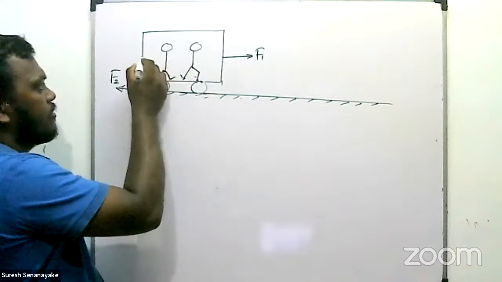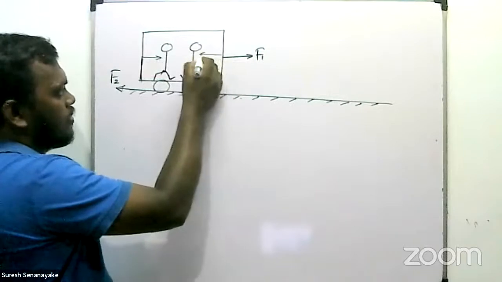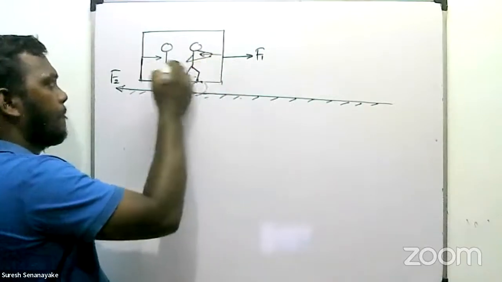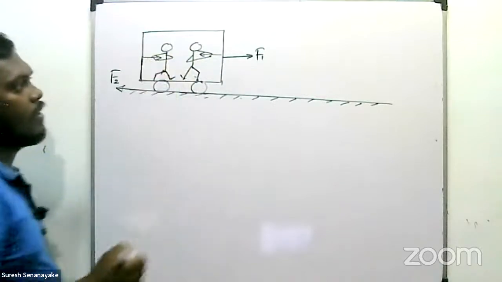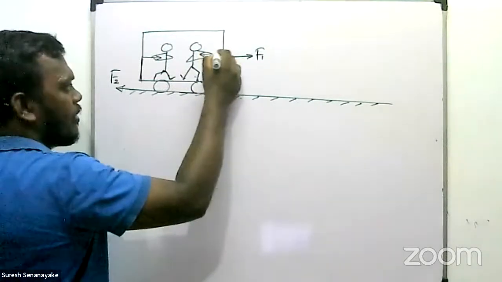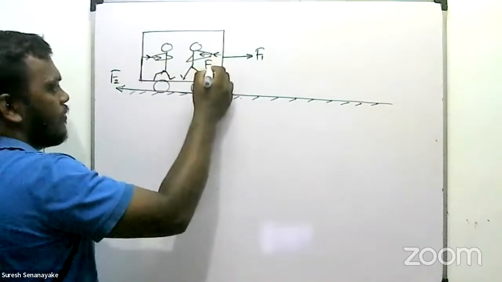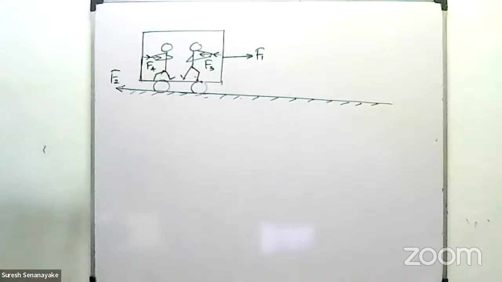They act forces, pulling, let's say, in this direction. This is F3 and this is F4.